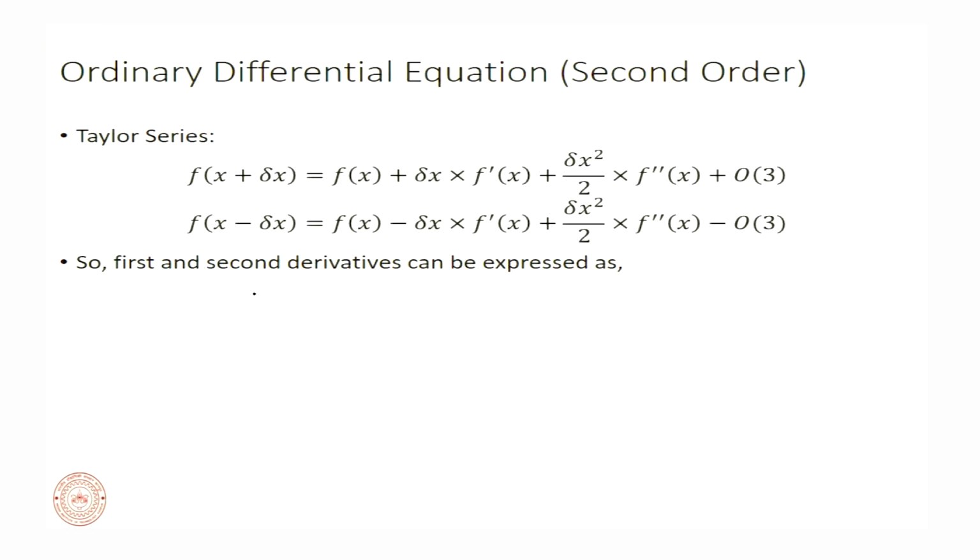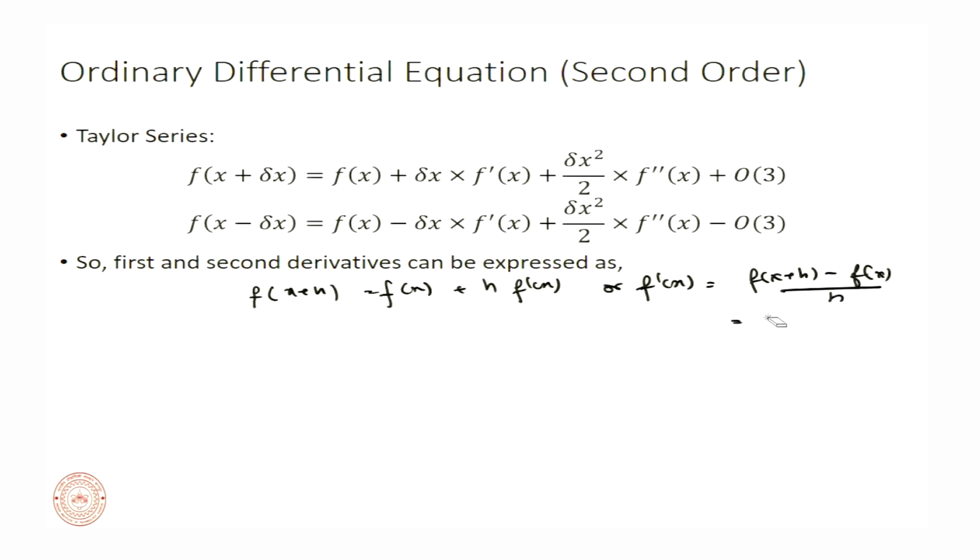So, if you take this, the first order derivative we have already done, f of x plus h equals f of x plus h f prime x, or f prime x is equal to f of x plus h minus f of x over h, that is, for a given f of n plus 1 minus f of n by delta x.